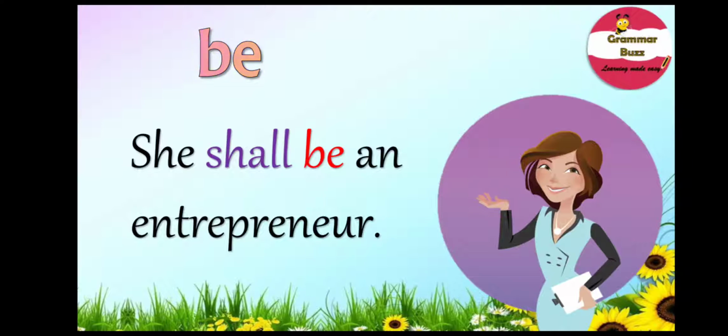So, be is the being verb or the be verb in the sentence. And as mentioned earlier, it is preceded by the word shall. The word shall tells us that it is in the future tense, that is, a time that has not come yet. Here, the be verb be is used along with the third person she.